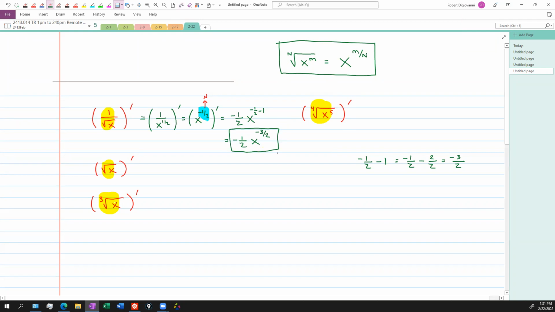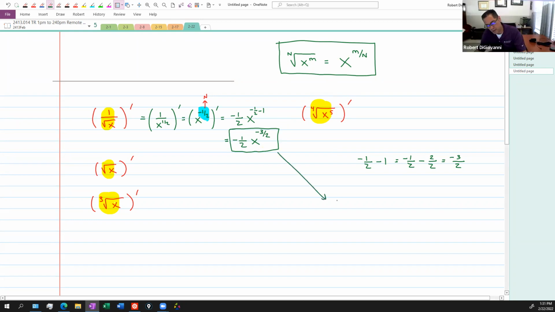Okay, so if I wanted to go back and put that into a radical, here's how I would do it. Negative 1/2 times, I'd rewrite this as 1 over x to the 3/2. I would drop the negative exponent down. And then I would use this property right here. This is the same as negative 1/2 times 1 over... Now, the way I remember it is that whatever the denominator is, that's what goes on the outside.